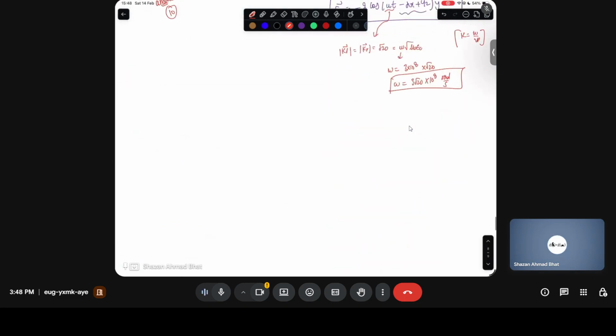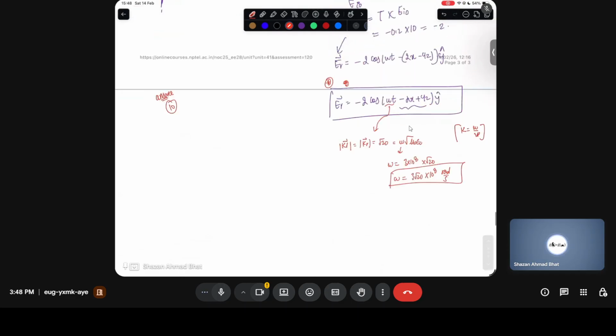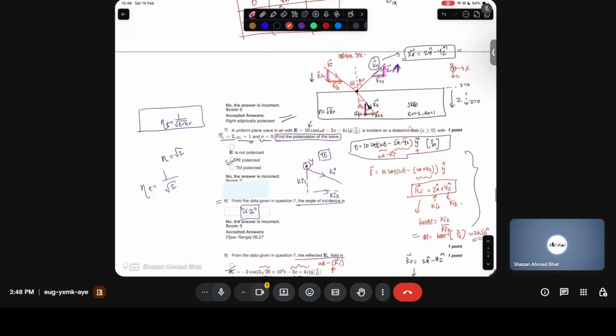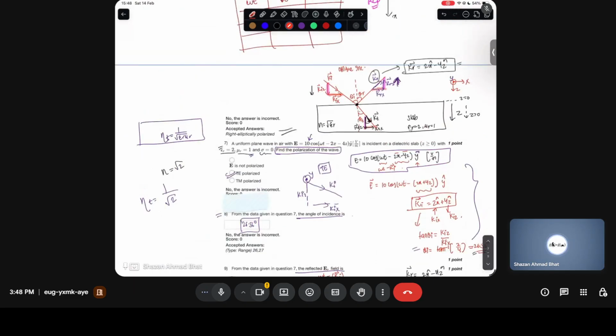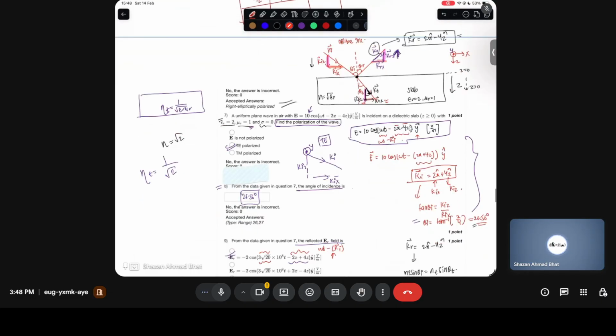Now from the figure, you can see that the k transmitted along x is this particular component, and k transmitted along z is this particular component. The kt is basically the sine component, and ktx is the sine component, and ktz is the cos component.